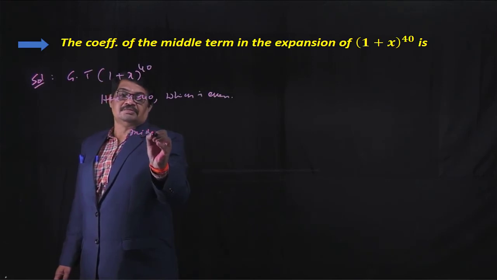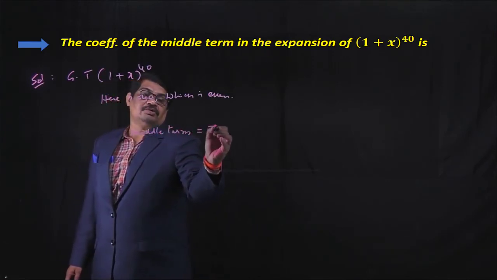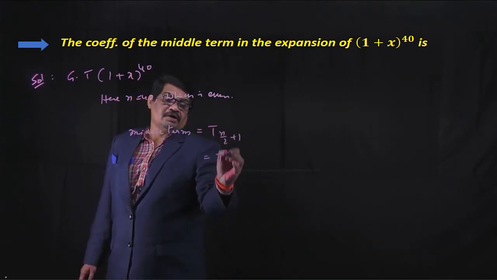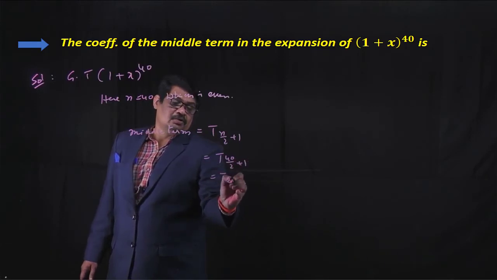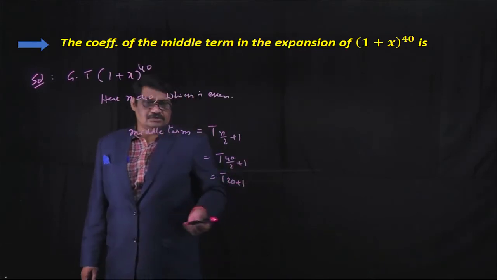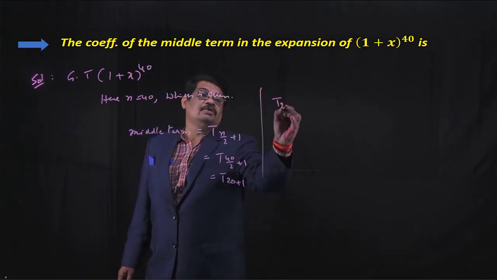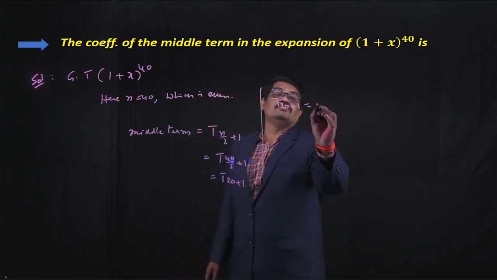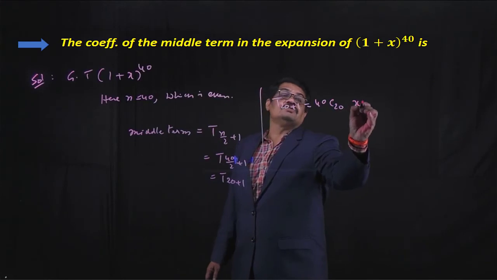So it is an even number. Then the middle term is T(n/2+1), that is T(40/2+1), that is T(20+1). So T(20+1) is equal to 40C20 into x to the power of 20.